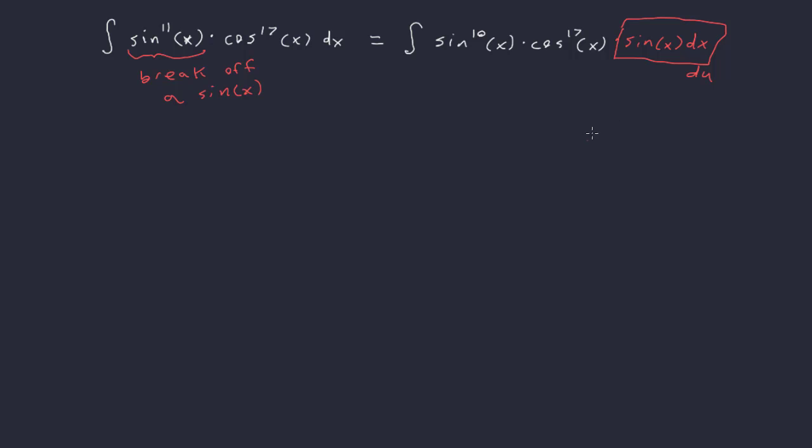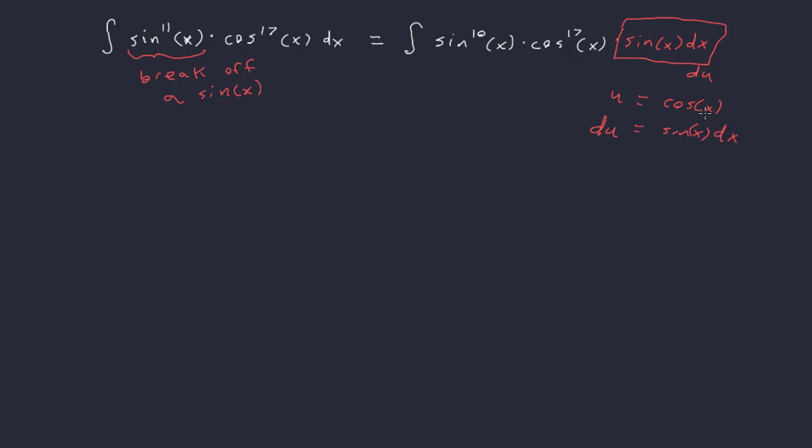Okay, so this tells me that my du I want to be sine of x dx, which means I want my u to be, well, to get exactly sine of x dx, I would need a negative cosine, but I'm probably not going to have that.